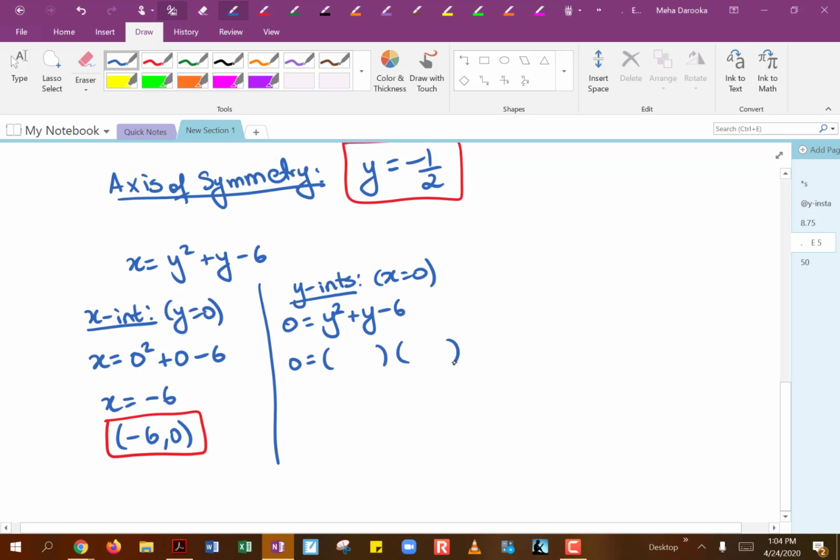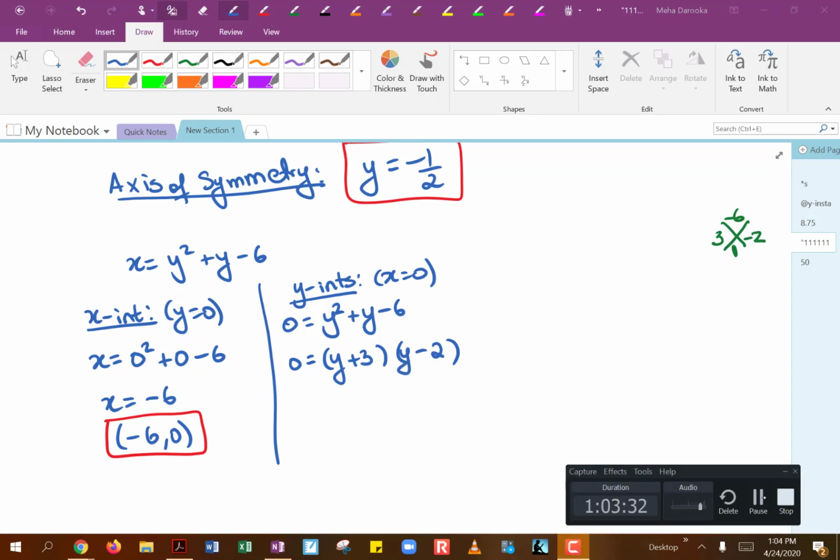We need two numbers that multiply to give us negative 6 but add up to give us positive 1. So that would be 3 and 2, and we can make 2 a negative number. So 3 times negative 2 is negative 6. 3 plus negative 2, of course, is positive 1. So we would end up getting y plus 3 and y minus 2 as our two factors.